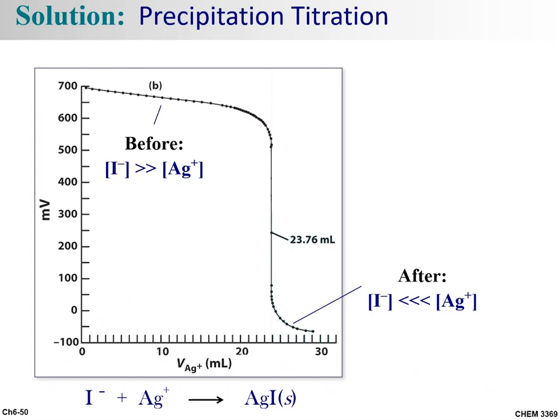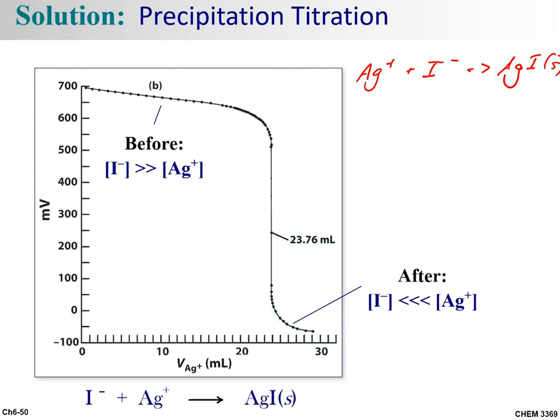So at the equivalence point, right? If we recall the titration, the silver plus ions react with iodide, and the product is silver iodide precipitate. Okay, so this is a 1-to-1 titration, and at the equivalence point, we will add just enough silver plus ions for a complete reaction with all the iodide ions that are present in the solution.